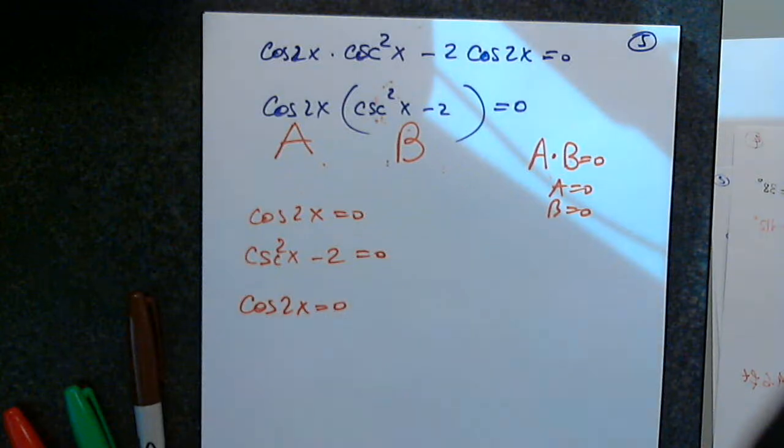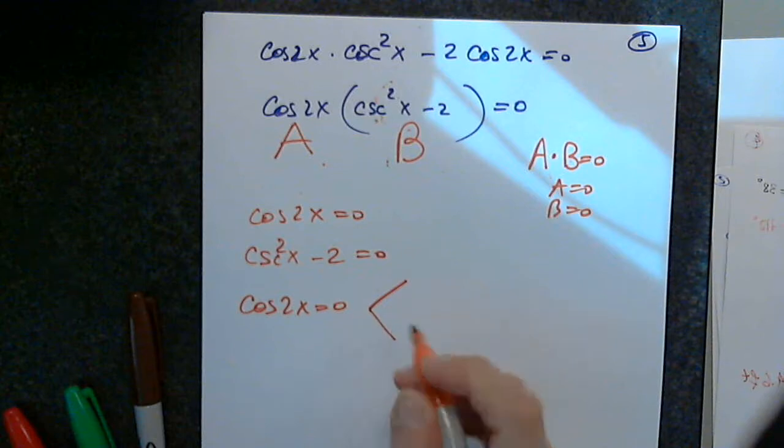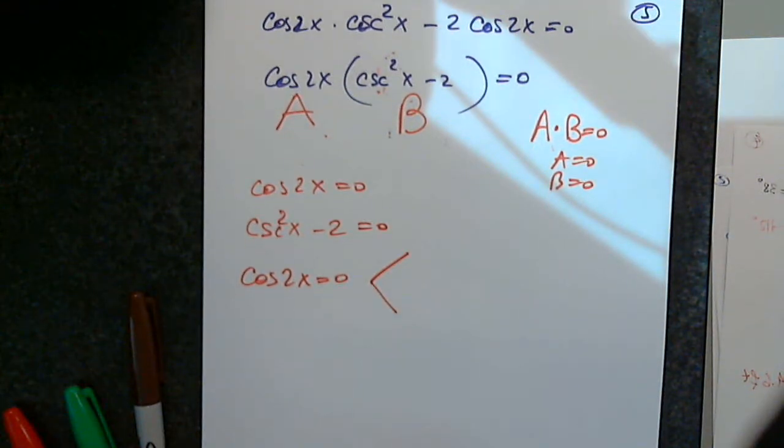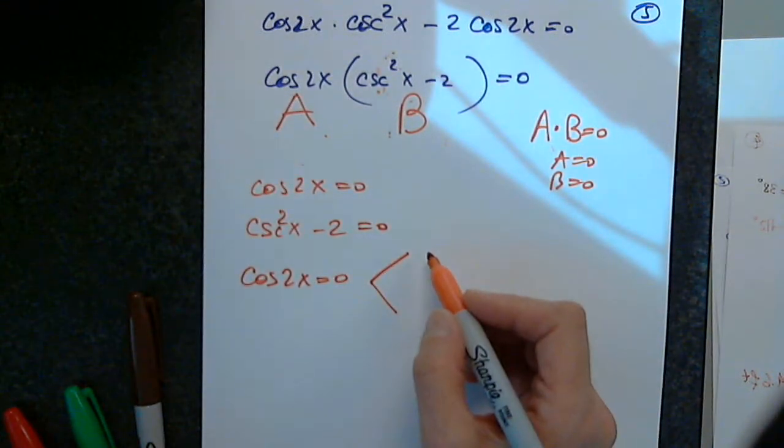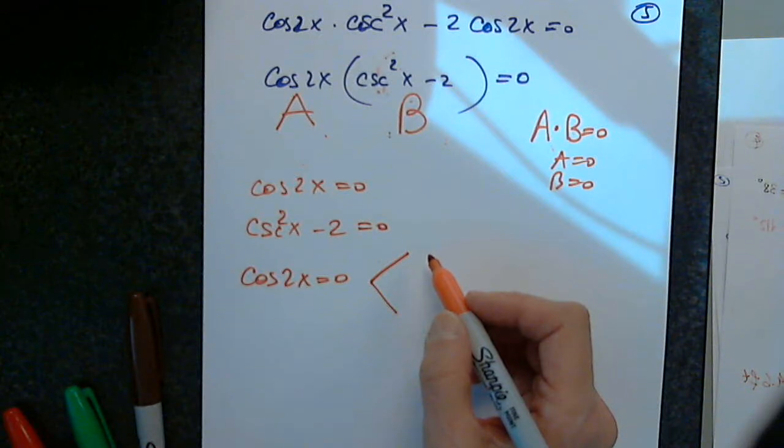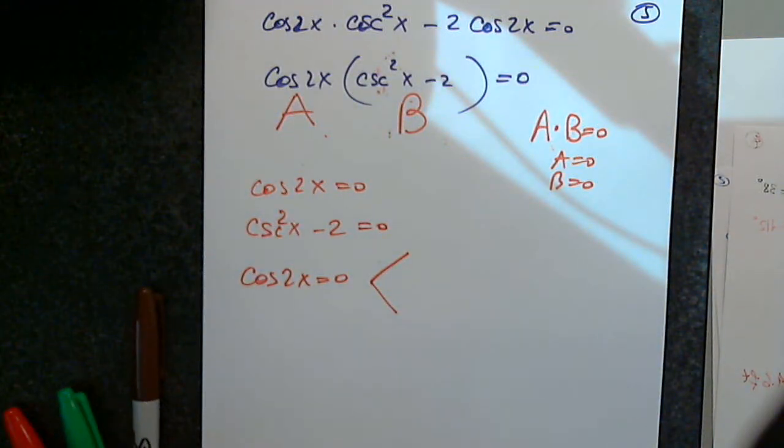Cosine 2x equals 0. I'm thinking now. Cosine is measured on the x-axis. It's 1 here, and it's negative 1 here.